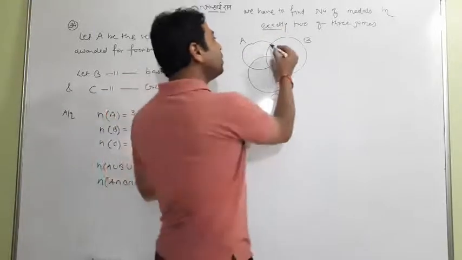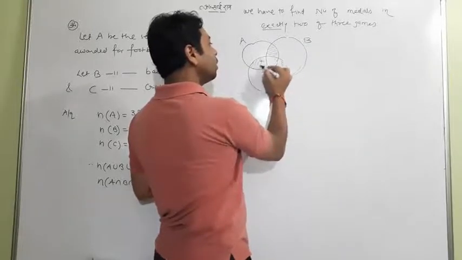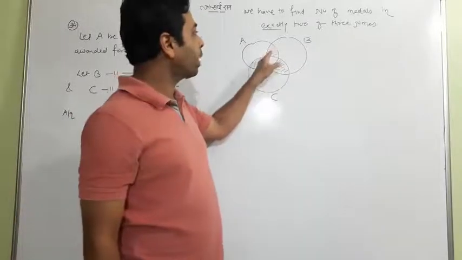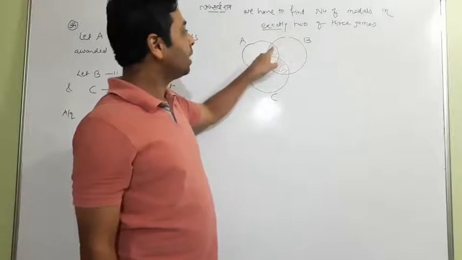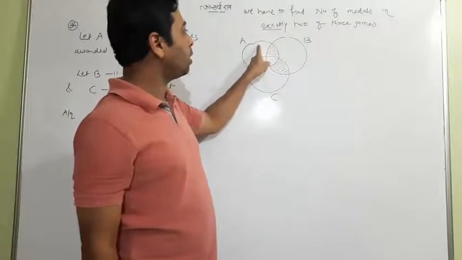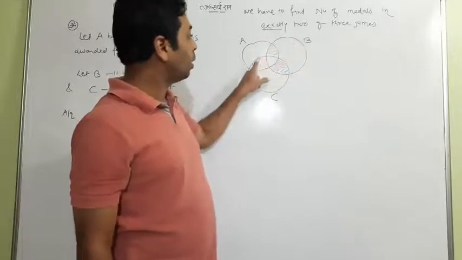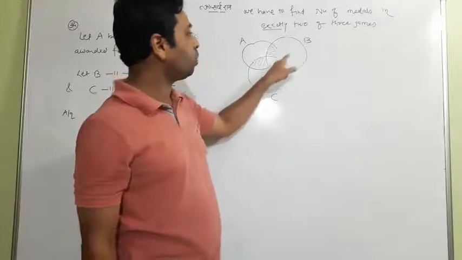If you concern yourself about this region and this region, you can get it easily. Now what about that region? This is the region common in A and B, meaning these players got the award in football and basketball. This one is for football and cricket, and this one for cricket and basketball.